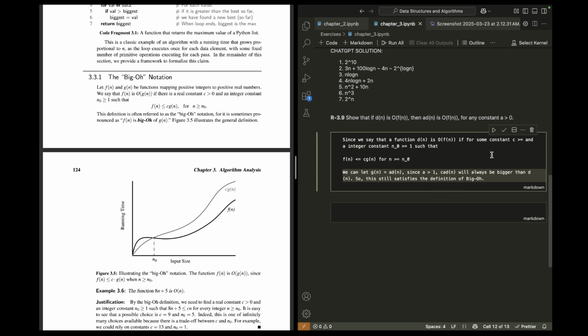Okay, since we say that a function Dn is O(f(n)) if for some constant c bigger than or equal to 0 and an integer constant n not bigger than or equal to 1 such that f(n) is smaller than c·g(n), we can let g(n) equal ADn, since a is the case, c·ADn will always be bigger than Dn.